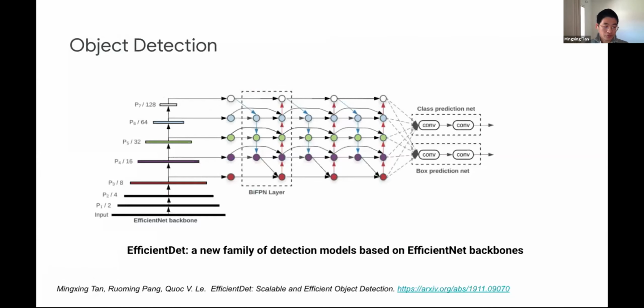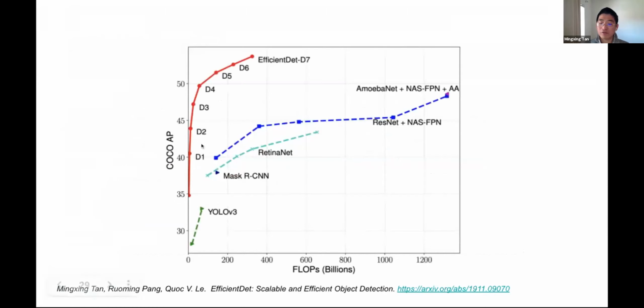And lastly, we also tried this for object detection. We use EfficientNet as a backbone and scale up the BiFPN using compound scaling. It turns out that even for object detection, this EfficientDet, which starts from D0 and scales up using compound scaling, has a much better trade-off between accuracy and flops and latency than the previous models.